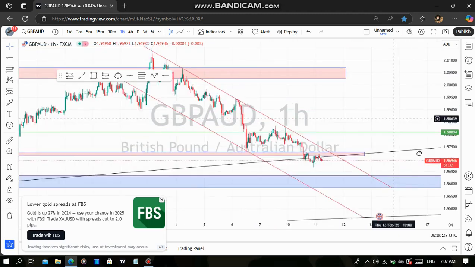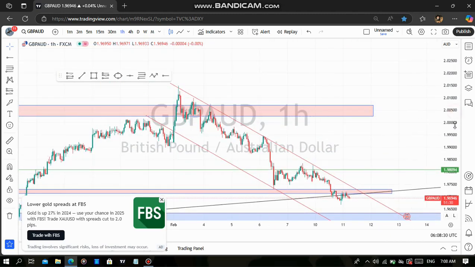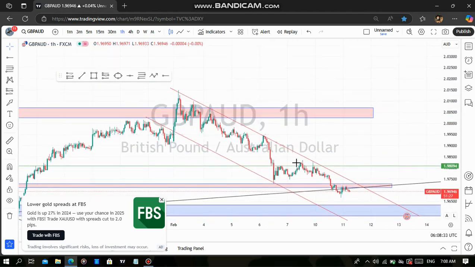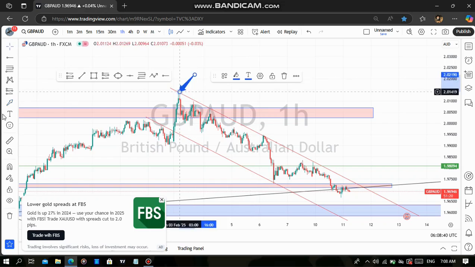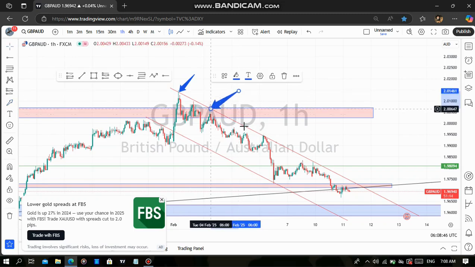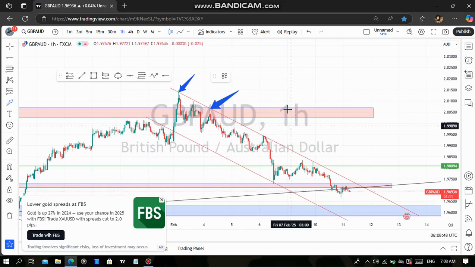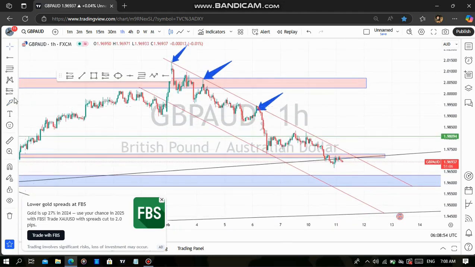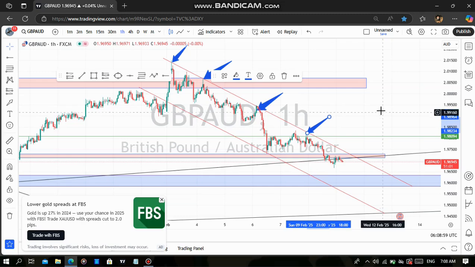So here on H1, we can see that for some time now, price has been respecting this downtrend. You can see the first touch here, we have our second touch, then we have the third touch, even a fourth time.